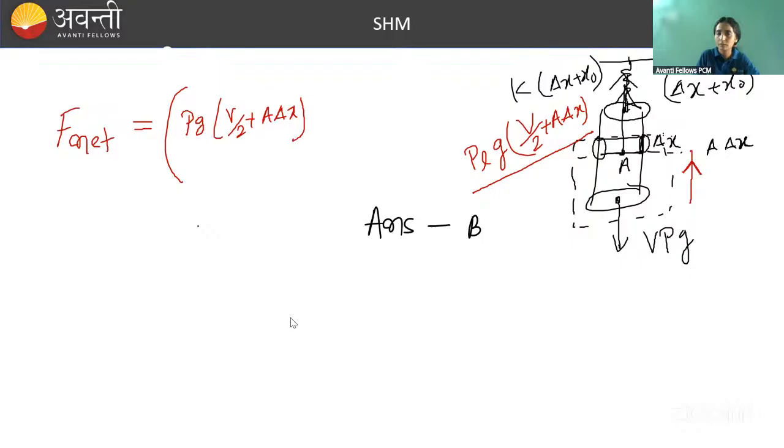This is the force of buoyancy plus k (x naught plus delta x) minus V rho g. This is the net force acting, right?